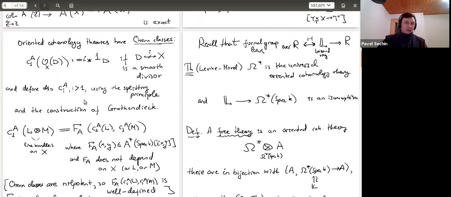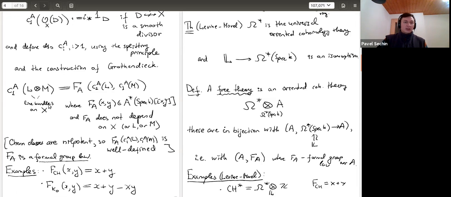An important feature of Chern classes, though, is that the first Chern class of the tensor product of line bundles can be expressed in terms of the first Chern classes of both of these line bundles using this simple formula. In this formula, F_A is a formal power series in two variables, which has coefficients in the coefficient ring of our cohomology theory.